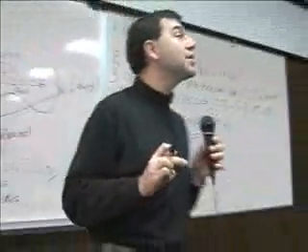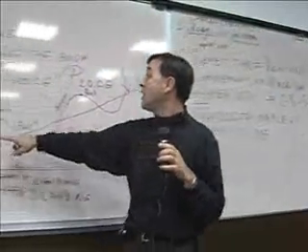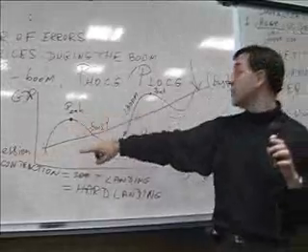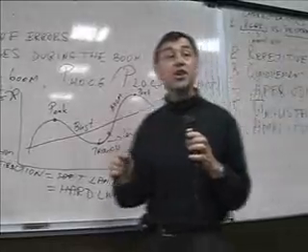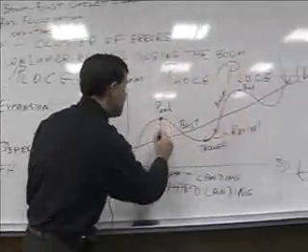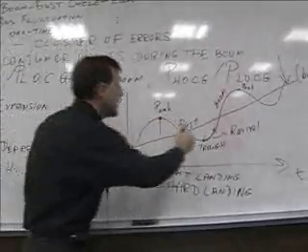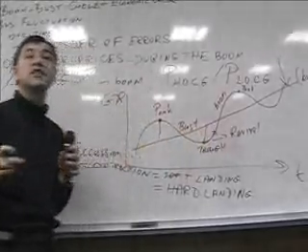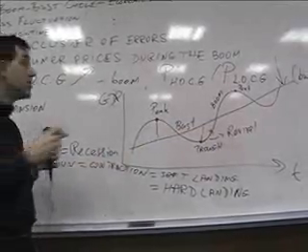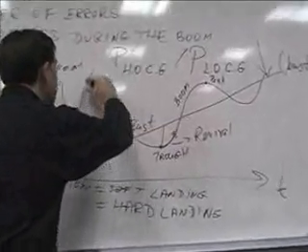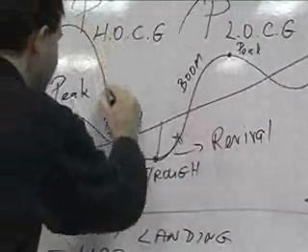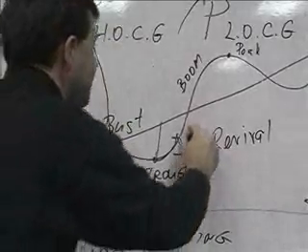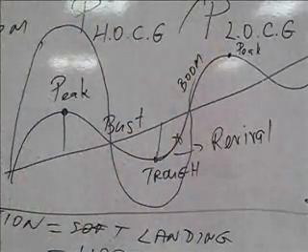And amplitude is simply how high the boom rises and how low the bust falls. So if I were to draw a picture, this peak and this bust have a relatively small amplitude relative to this one, which has a much higher amplitude on the way up and much lower on the way down.